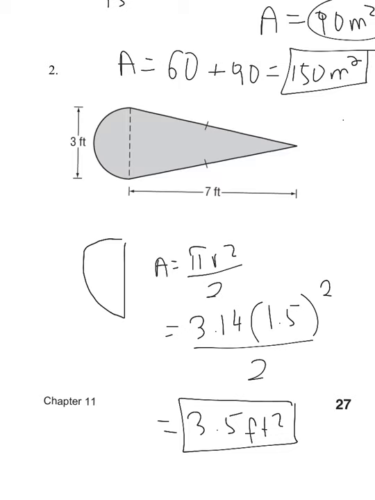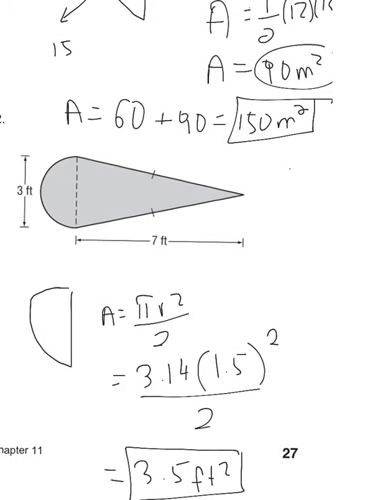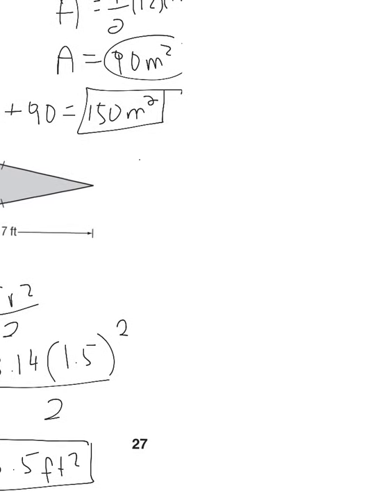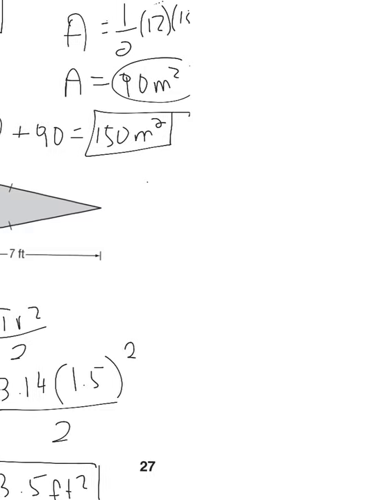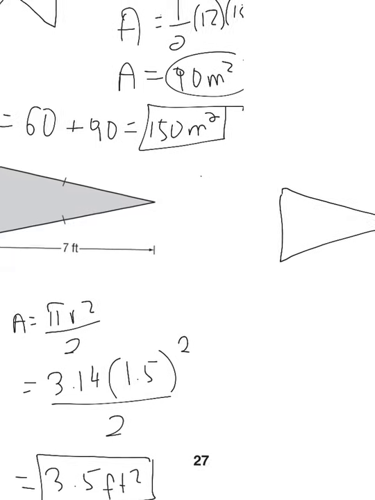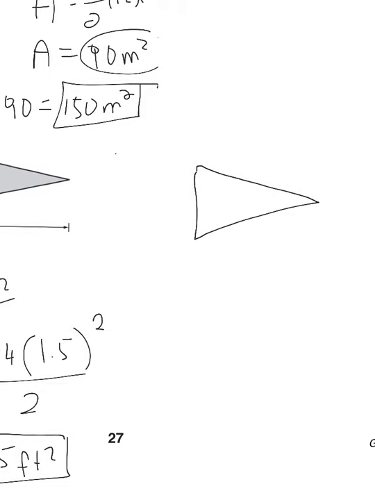Now, how do you find the area of this triangle? So the triangle I will draw over here. This triangle, the base is 3. Let me double check the height. Base is 3, height is 7.